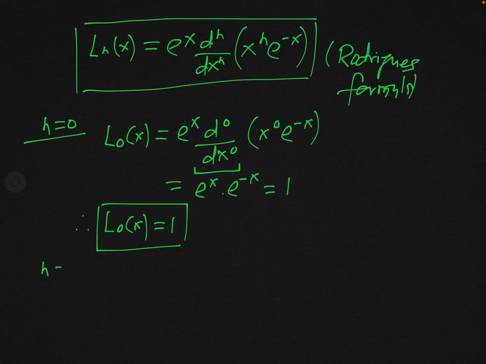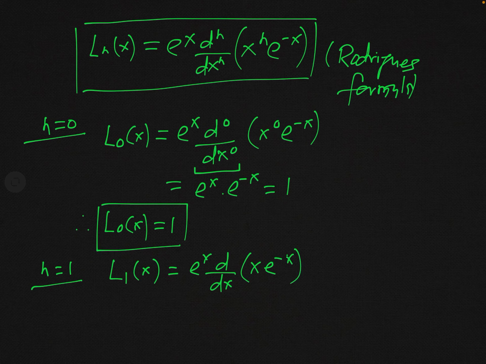Now let us take n equal to 1. In this condition, our Laguerre polynomial will be L1 of x. So in the defining equation, in the RHS, we will take simply n equal to 1. So this expression will be e^x d/dx of x e to the power minus x.